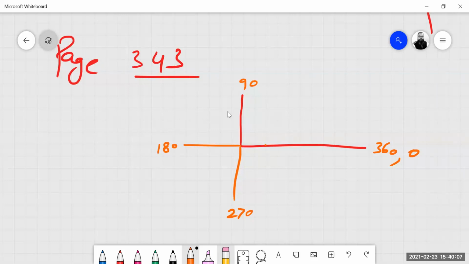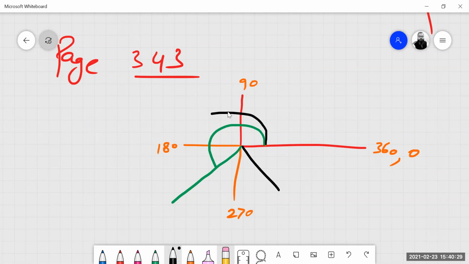Okay, now, if we have an angle here, will this be more than 180 or no? From here to here, yeah, it's more than 180. Okay, if I draw the circle here, a line here, and start moving this angle, will this be more than 270 or no?